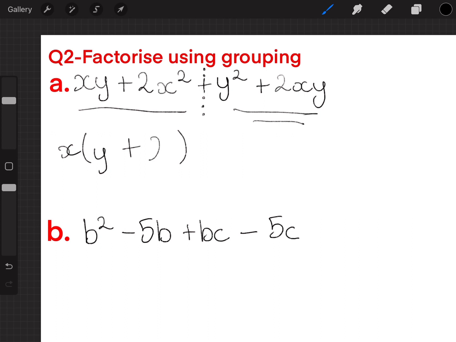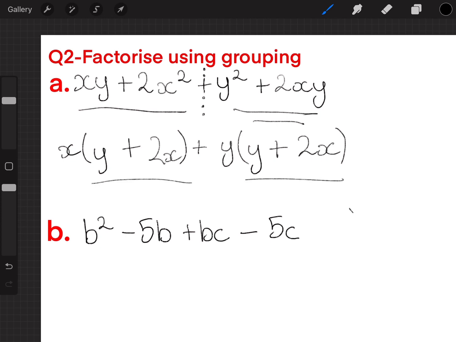And 2x, because 2x times x equals 2x to the power of 2. Now we'll have to add another plus in between. And y is the most common out of those two terms. And then brackets next to the y. And then we have to add another y in the brackets, because y times y equals y to the power of 2. And then plus 2x, because 2x times y equals 2xy.